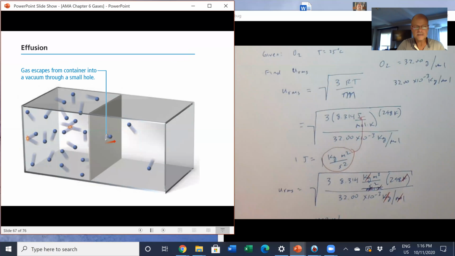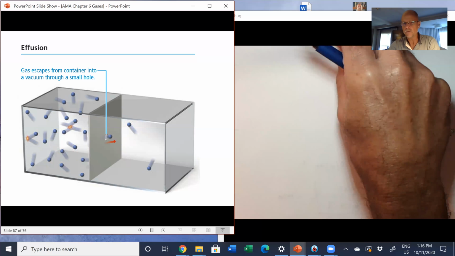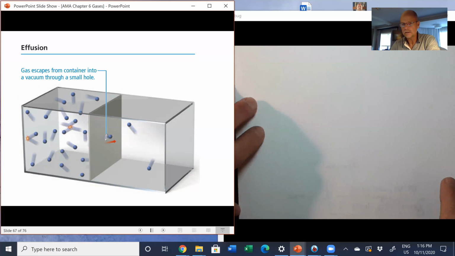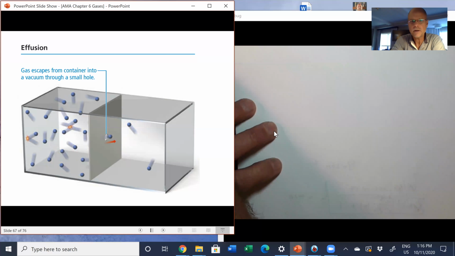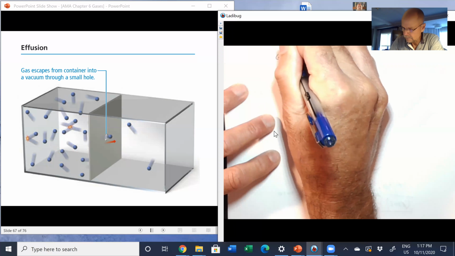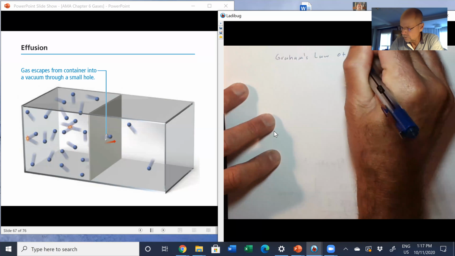A similar process is called effusion. Effusion is just the escape of a gas into a vacuum through a small hole, right? And for gases, we can write down what's called Graham's law of effusion, which quantifies this process.